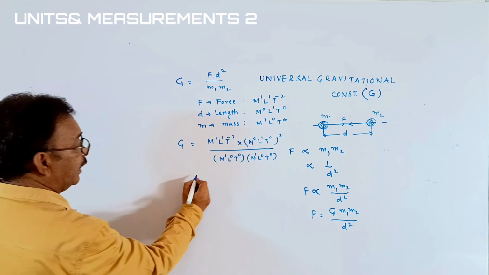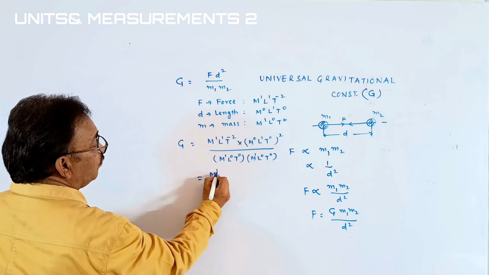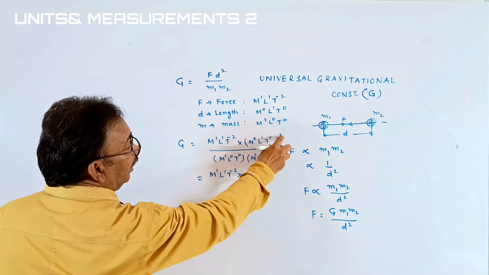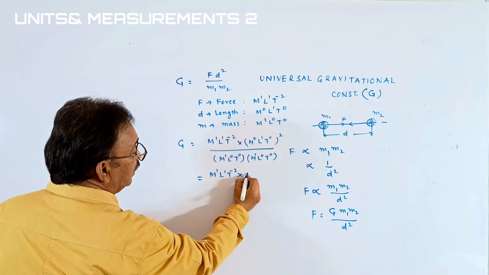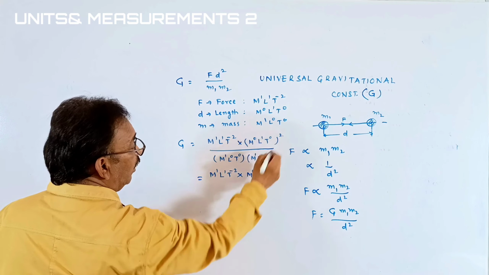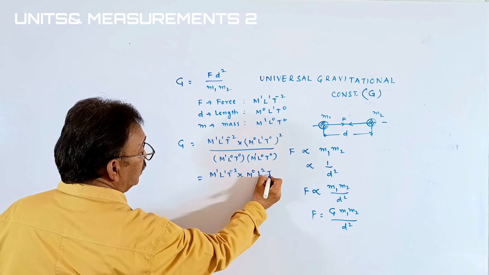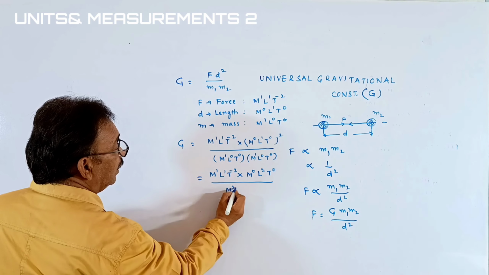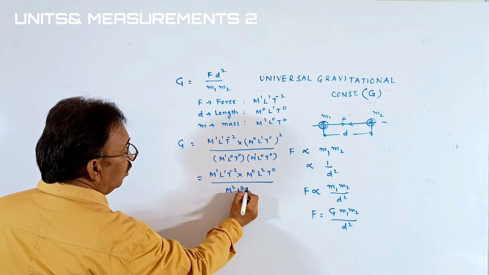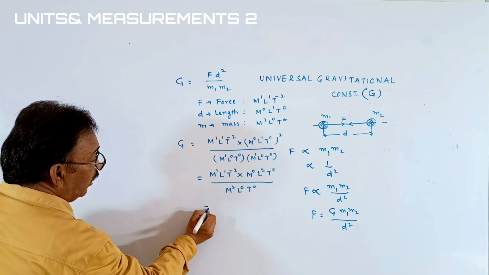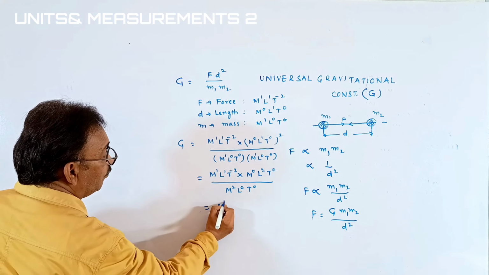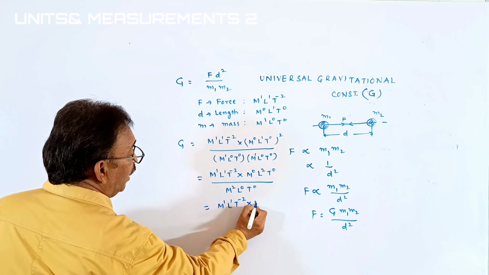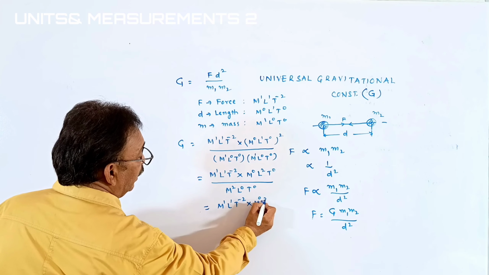Further, it can be written as M1 L1 T inverse 2 into M to the power of 0 L squared T0 by M squared L0 T0. Further, it can be written as M1 L1 T inverse 2 multiplied with M0 L2 T0.